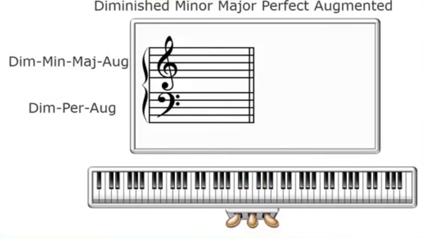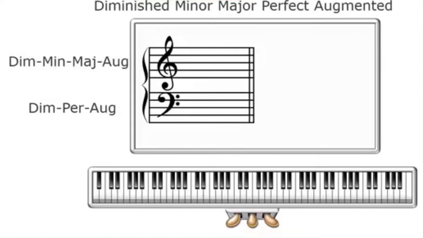So a major interval, if you make the two notes a semitone further apart but without changing the letter name, becomes augmented. If you make the two notes a semitone closer together without changing the letter name, it becomes minor. And if you make the two notes a further semitone closer together, but again without changing the letter name, it becomes diminished.